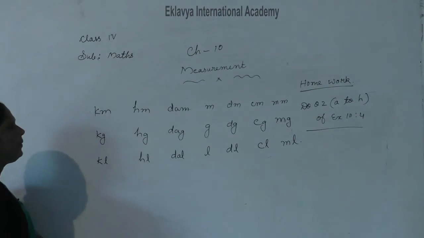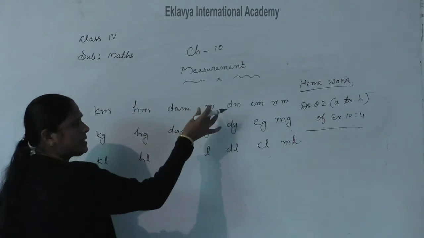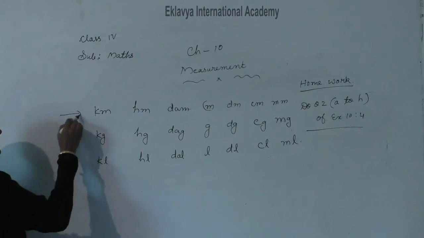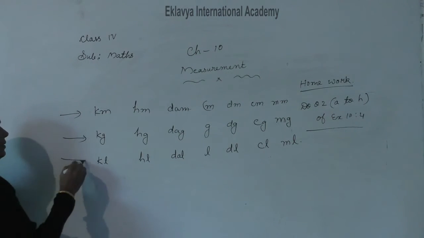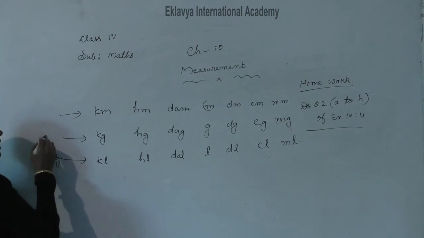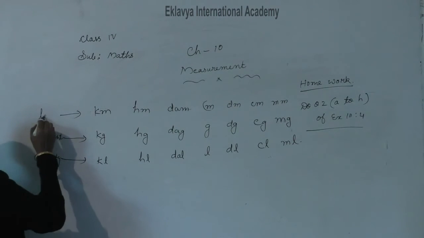Then this is the basic unit. This is distance or length, this is weight or mass, this is capacity.